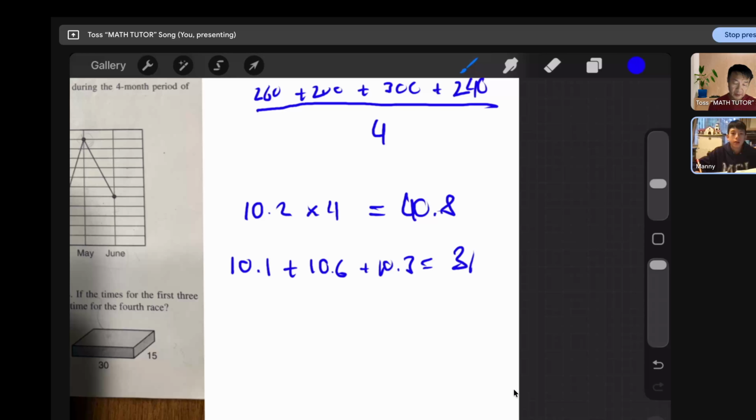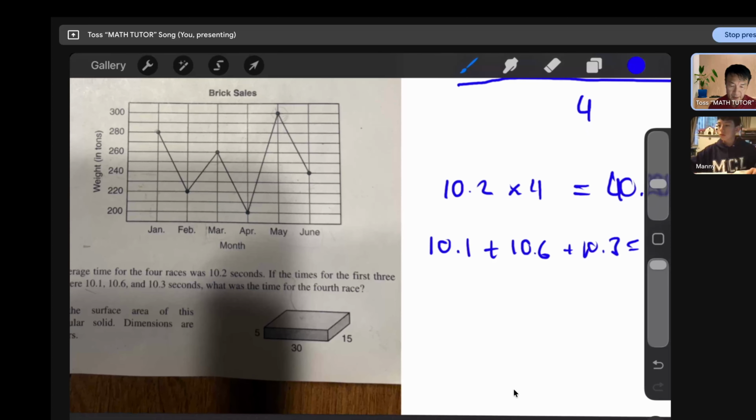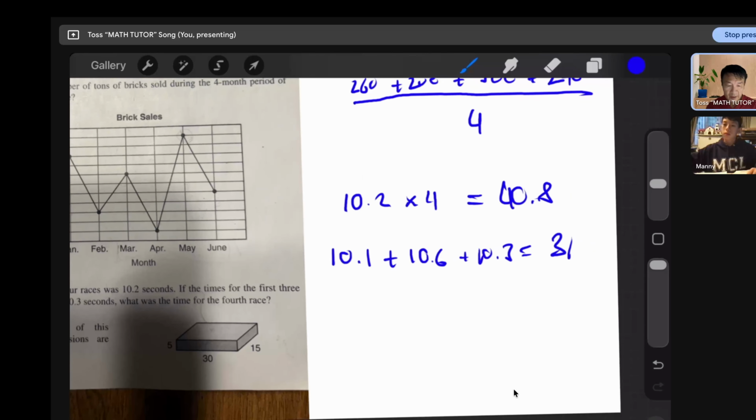Or subtract? Okay, subtract. If you multiply them, sometimes when you do this on your own, don't forget, if you multiply this, it's going to be a huge number. You can tell, so something's wrong, because if you want to make sense of what the answer is about, it says what is the fourth race time? That would be too much.